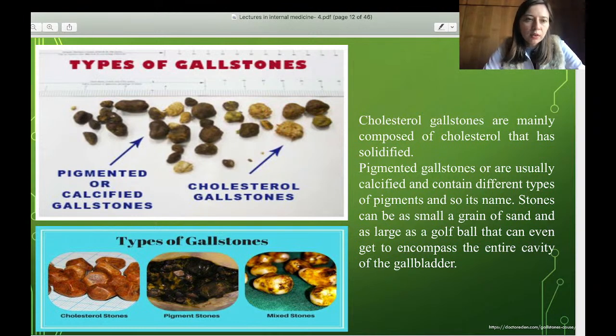And you may see types of gallstones on this picture: pigmented or calcified gallstones, cholesterol gallstones, and a combination of those two variants, and some patients have mixed stones.